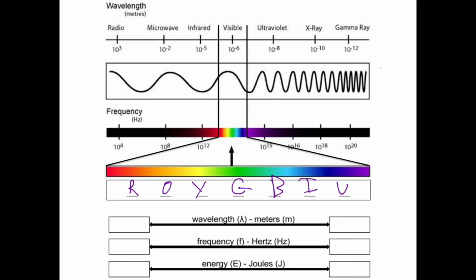Notice how violet has a smaller wavelength, which means it has a higher frequency and a higher energy. And so this right here is representing this small part of the electromagnetic spectrum. If you take a look, this is a large wavelength, small frequency, small energy. This is a small wavelength, large frequency, and large energy.